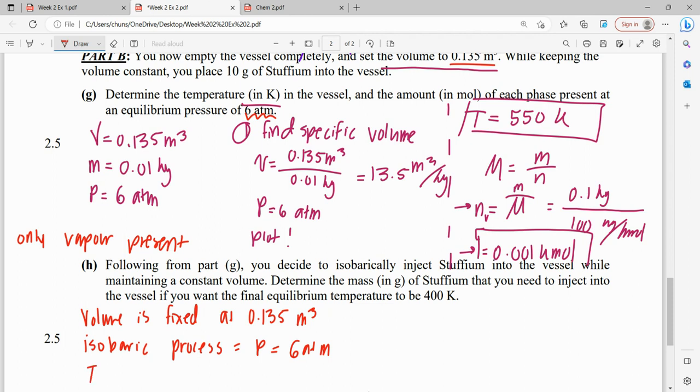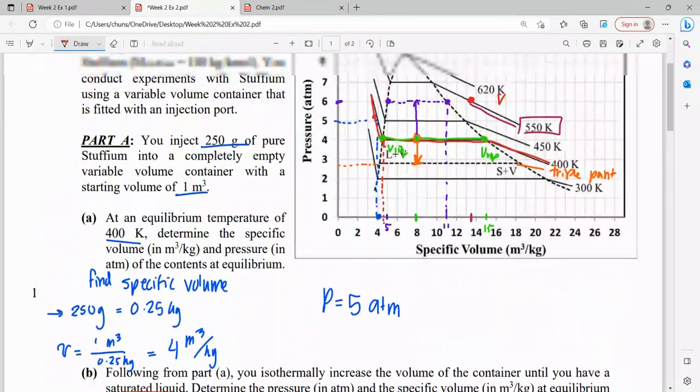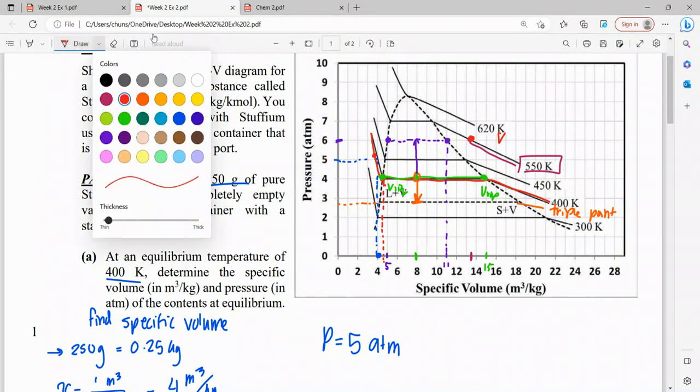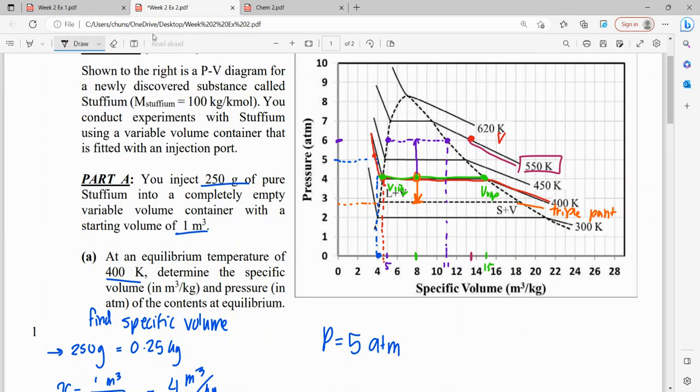And we want to reach our temperature 400 K. So we ended at this point here. I'm going to do this in a different color. So when we read across, so this is where we ended on. We want to read until we hit our 400 isotherm while staying at the same pressure. So then we would read across till we hit this point right here.